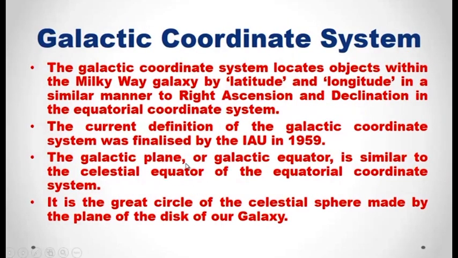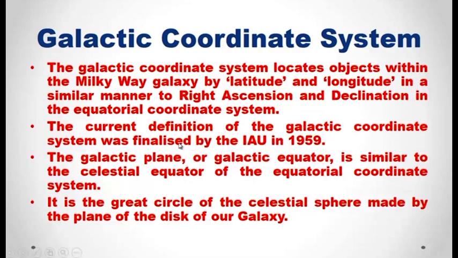Next, the galactic coordinate system. The galactic coordinate system locates objects within the Milky Way galaxy by latitude and longitude in a similar manner to right ascension and declination in the equatorial coordinate system. Galactic coordinate systems are used to measure the movement of galaxies in our universe.